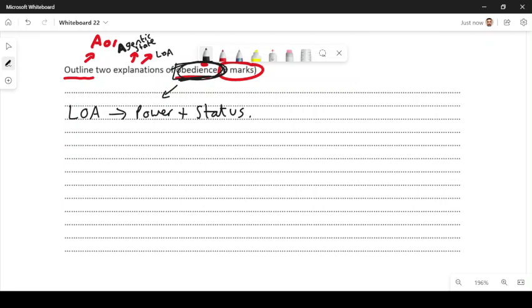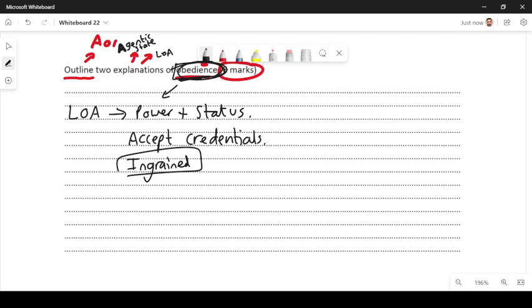They accept credentials, so that could be something like a qualification or a certificate or a policeman's badge or something. And then I would personally say this is ingrained in us from a young age.